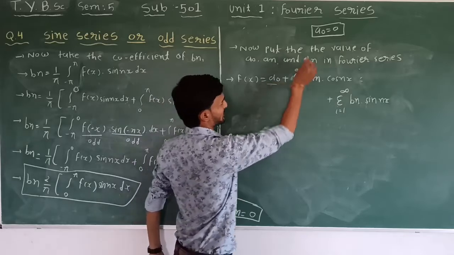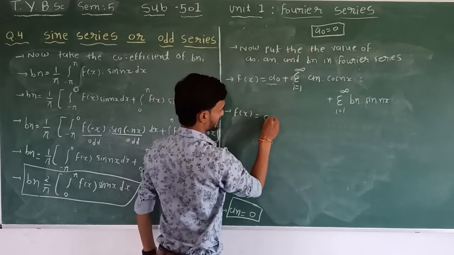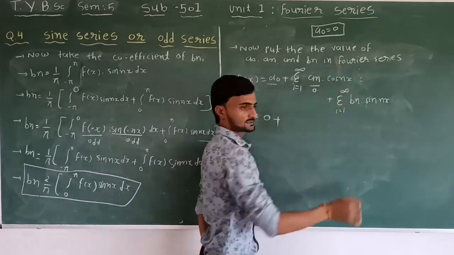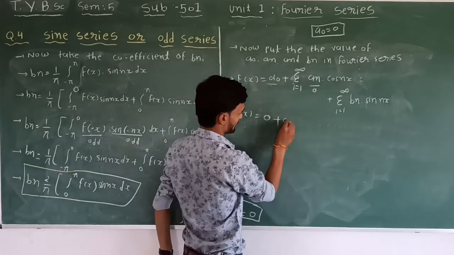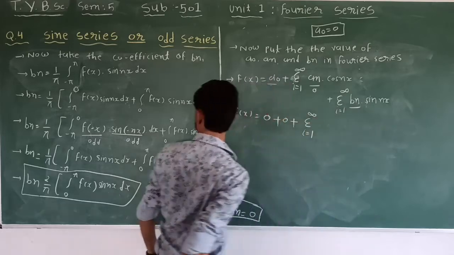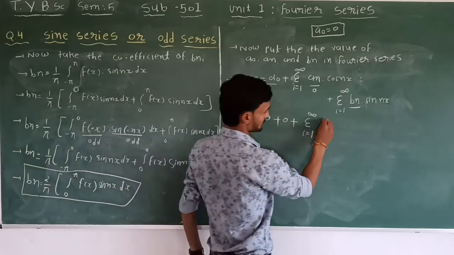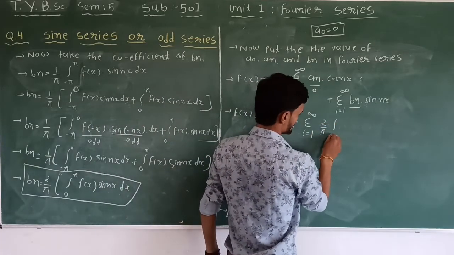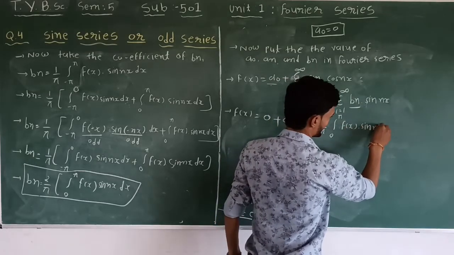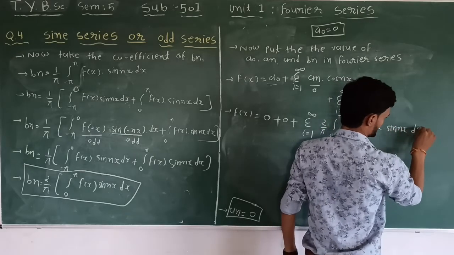Now put the value of A0 as 0. An is 0, so this term is 0 into cos nx. This term is 0 plus summation from 1 to infinity of Bn, where Bn is the value 2 upon pi, integral from 0 to pi of f of x into sin nx dx.